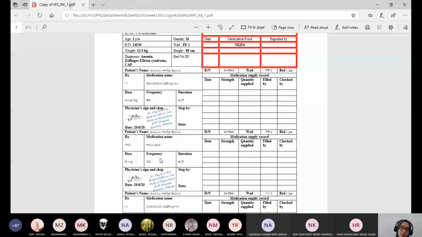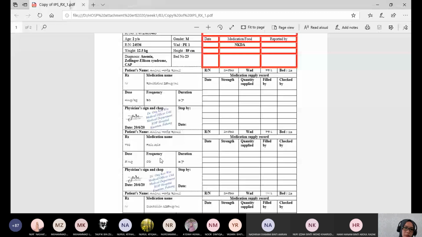I think I have given similar calculations for syrup in the inpatient slides. There are 3 questions on syrups in the inpatient slides. Has anyone attempted to answer the questions from the inpatient slides?